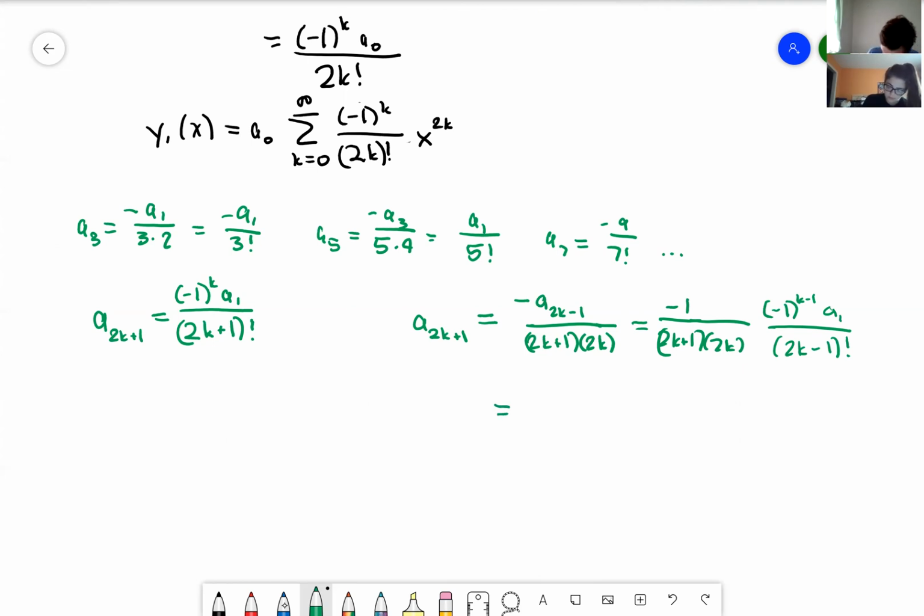And so, of course, we get the same thing. We get minus 1 to the k a1 over 2k plus 1 factorial.